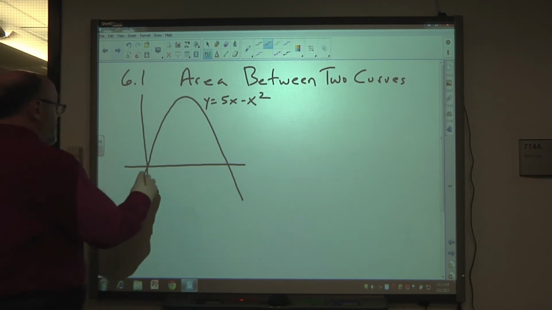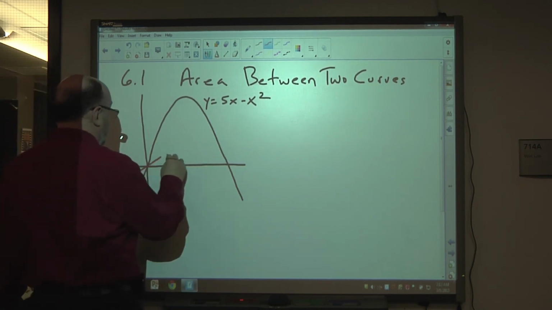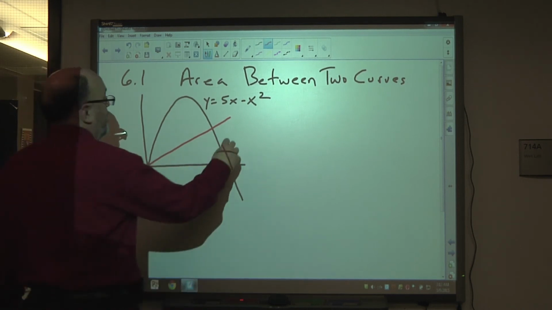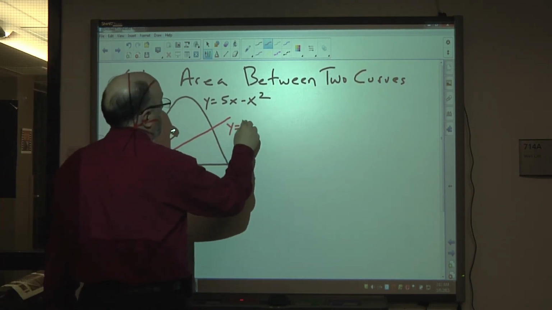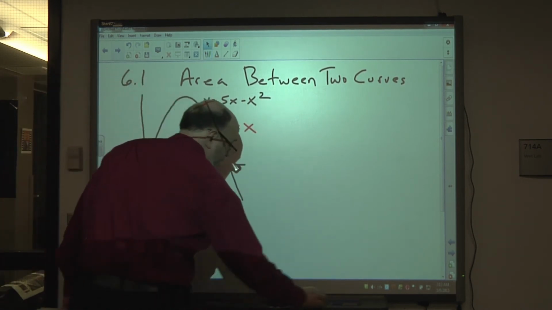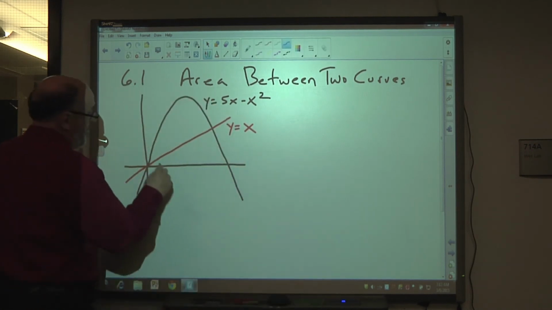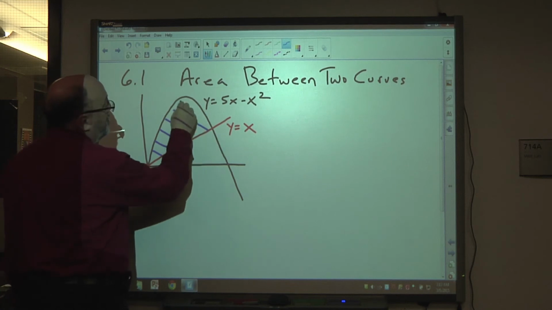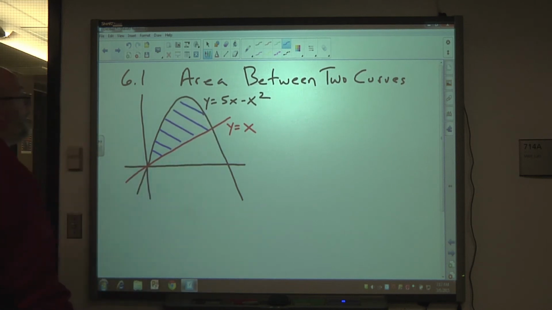And then my second one is something looking like this. And this is the line y equals x. And what we want to know is, what is this area in here? Okay. So we want to find that area.